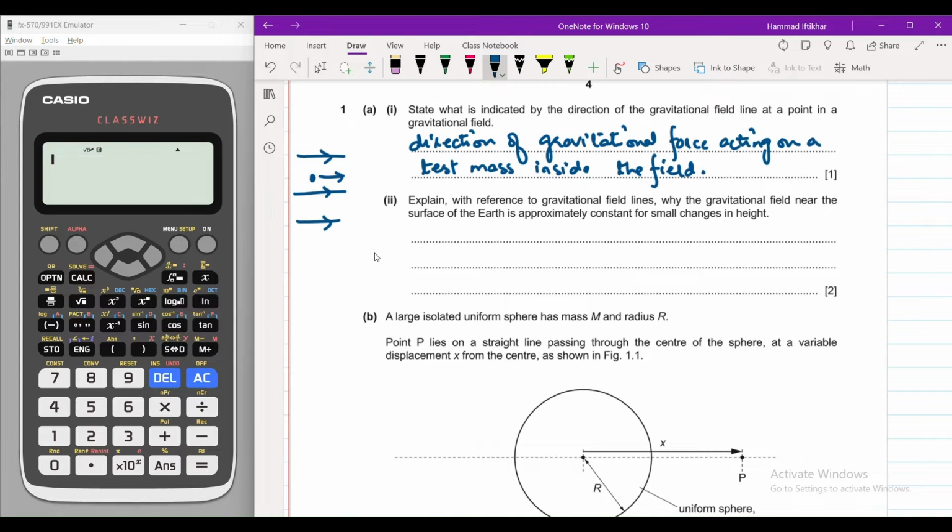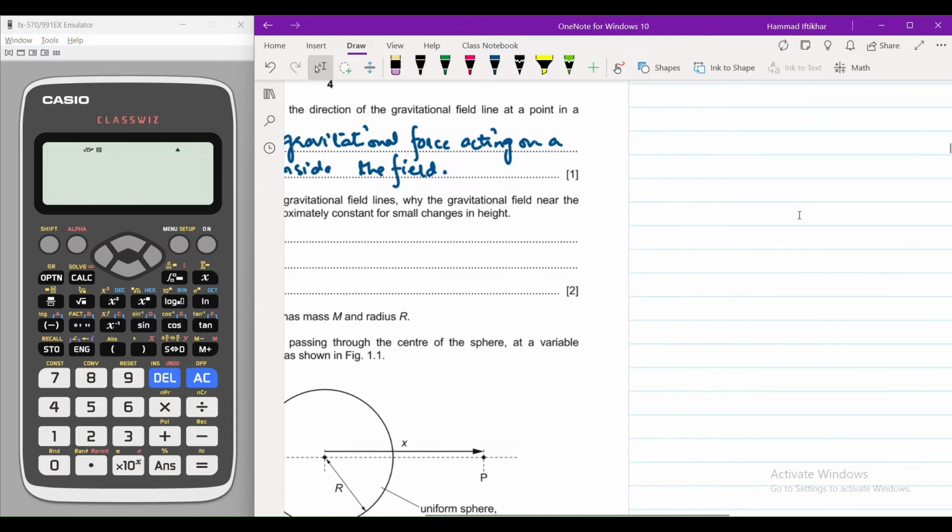Explain with reference to gravitational field lines why the gravitational field near the surface of the Earth is approximately constant for small changes in height. If we look at the big picture, the field lines are radial and point to the center of the massive body.